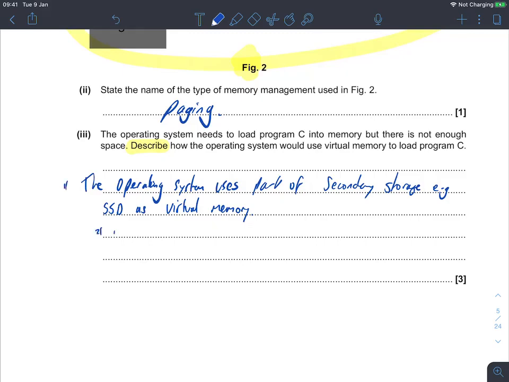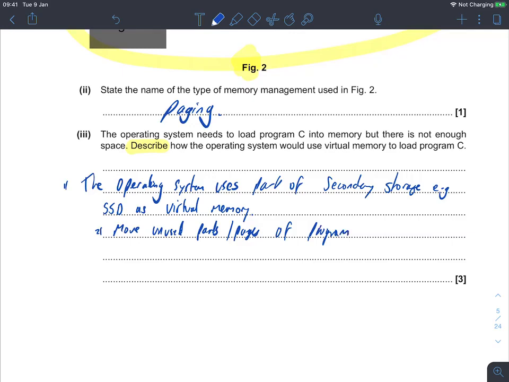Second part of course is it will move unused parts, pages of program. So again, refer to the question.